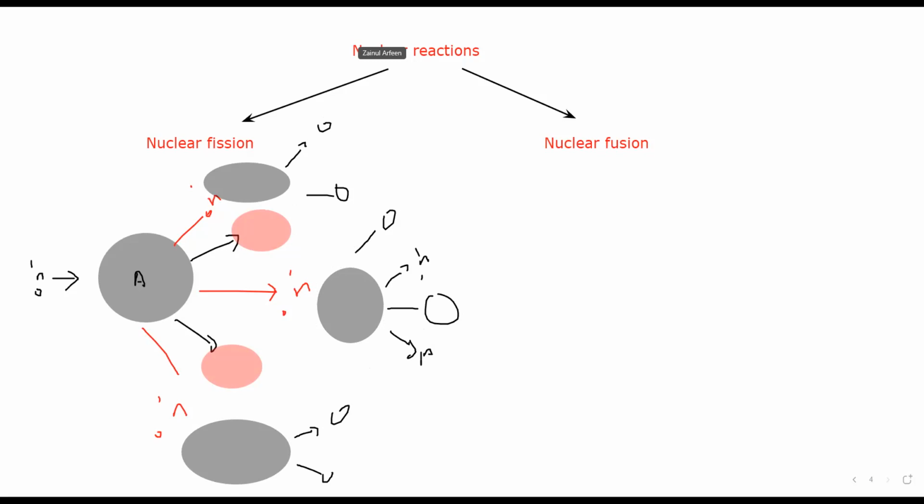So the nuclear fission reaction is a chain reaction which multiplies and enhances. So it should always be a controlled reaction. When we carry out nuclear fission, it should be a controlled reaction.